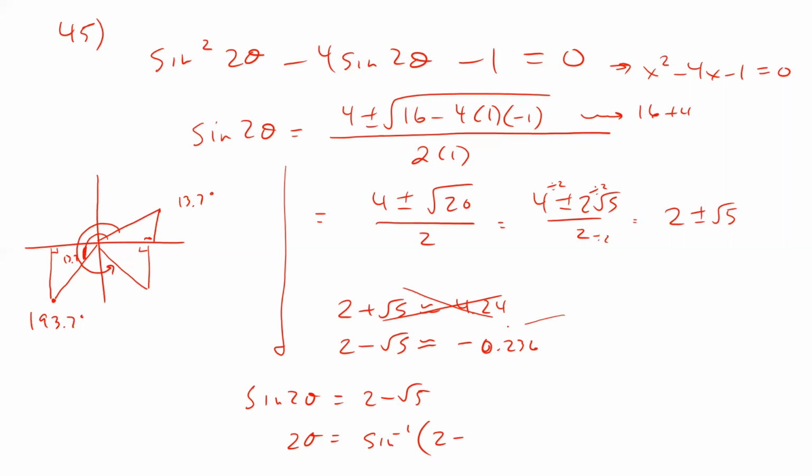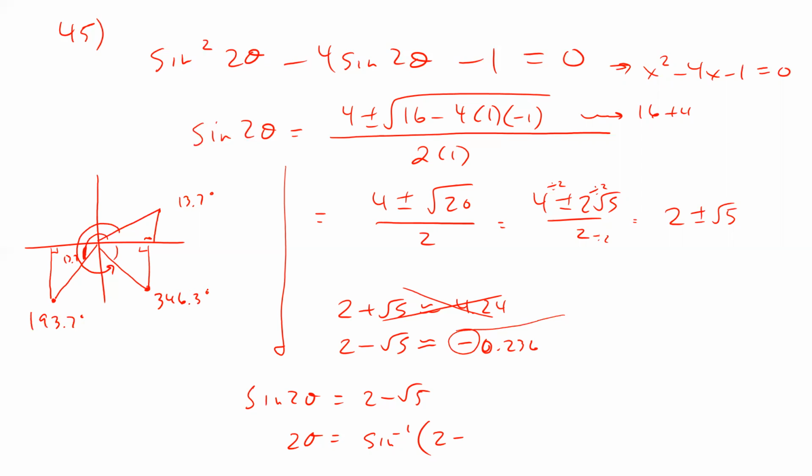Because sine was negative to begin with. Then I need quadrant 4, which is 360 minus 13.7. What is that, anyone? 346.3. Cool.